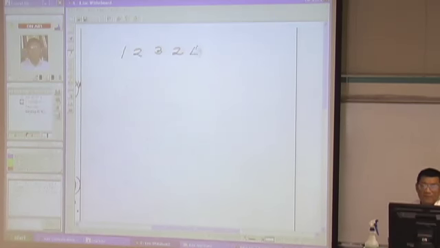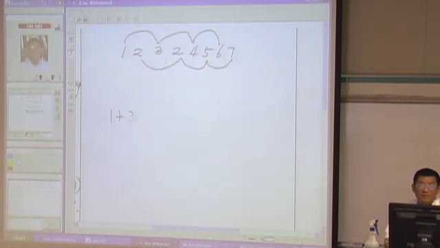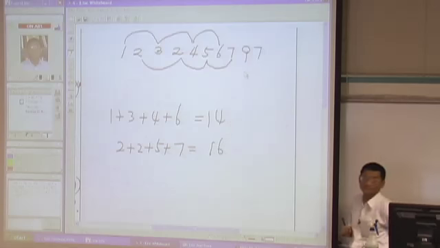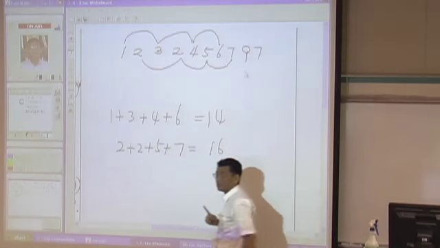As you can see, 4, 5, 6, 7, and then I can add this position and add these positions, and then adjust in the next position. So it's 1, 3, 4, 6, 14. And now the other position is 2 plus 2 plus 5 plus 7. Then as you can see, it is 12 and then 16. So if we have difference 2 in the next step, it will work, right? Difference 2. So this will be divisible by 11.